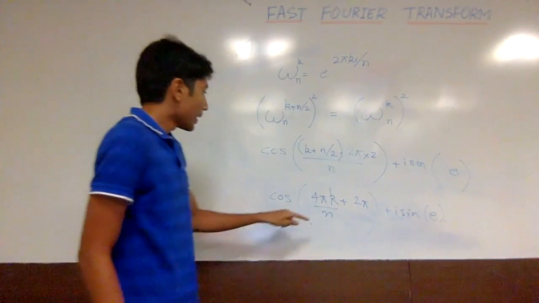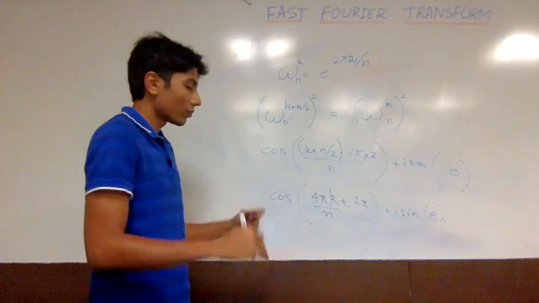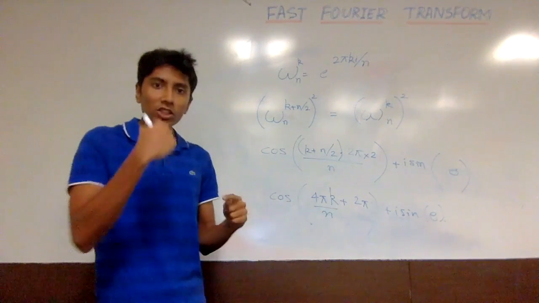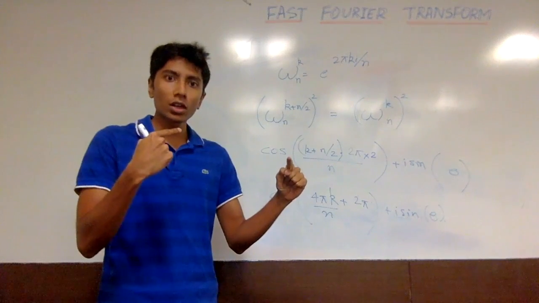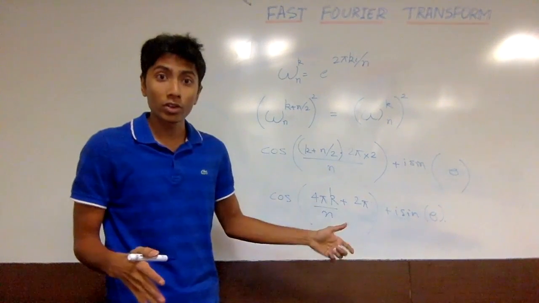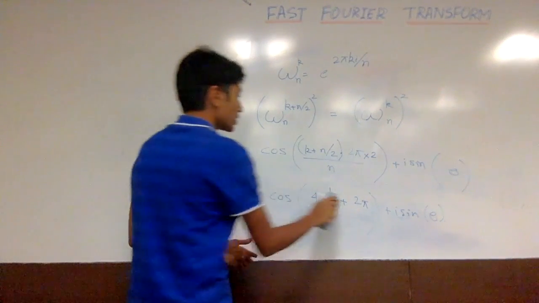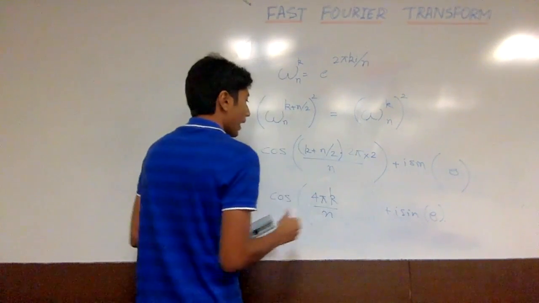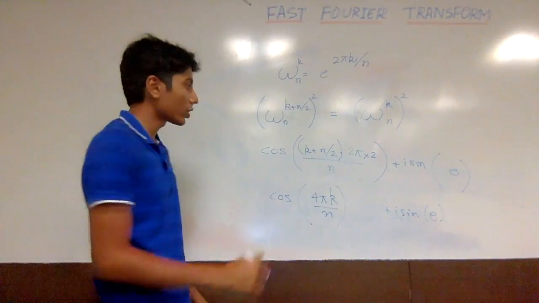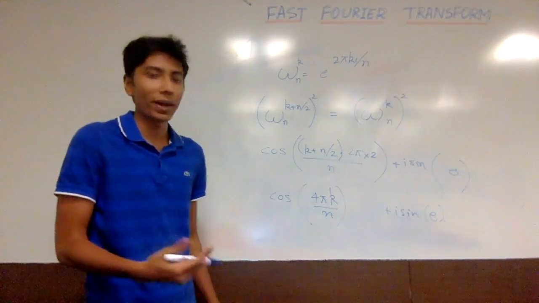What do we get? 2 pi plus whatever, so we get cos of whatever, because a 2 pi rotation is going to take you all the way around the circle and back to where you were. So this term can be ignored because it's not making any difference to our result. We just get rid of that. And i sine, again, the 2 pi can be ignored because sine theta also repeats after every 2 pi.